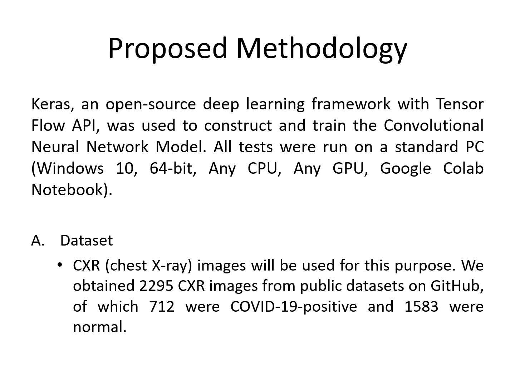The original dataset of 2,295 images is divided into two main folders, namely training and testing, and two subfolders, namely COVID-19 positive and negative chest X-ray images, out of which 712 are positive and 1,583 are negative.